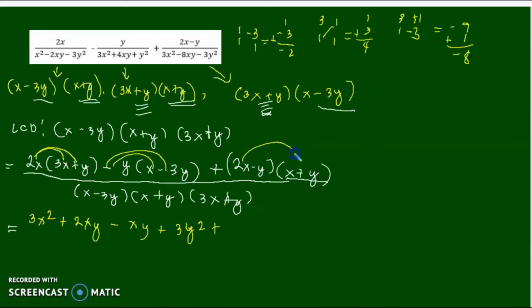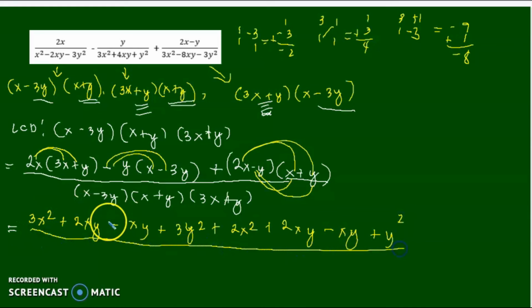So 2x times x is equal to 2x squared. 2x times y is equal to 2xy. Negative y times x is equal to negative xy. Negative y times positive y equals negative y squared. Then all over the quantity of x minus 3y times the quantity of x plus y times the quantity of 3x plus y.